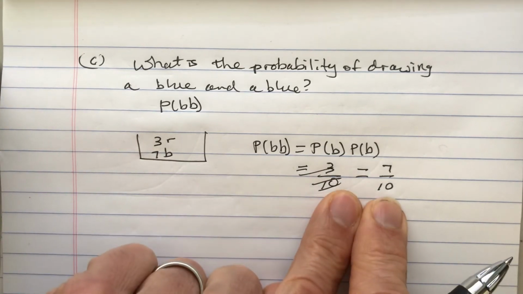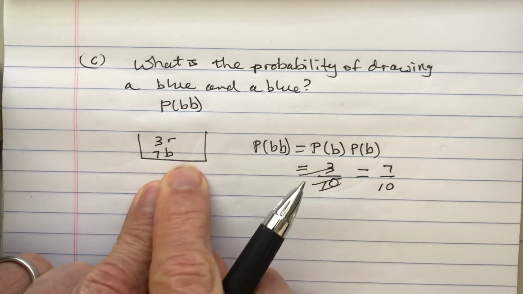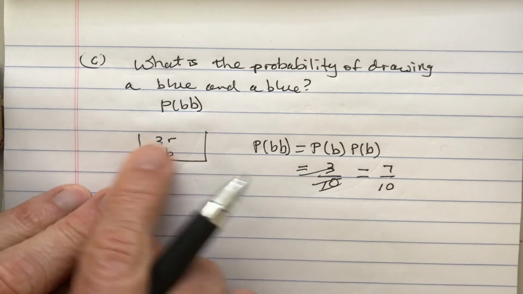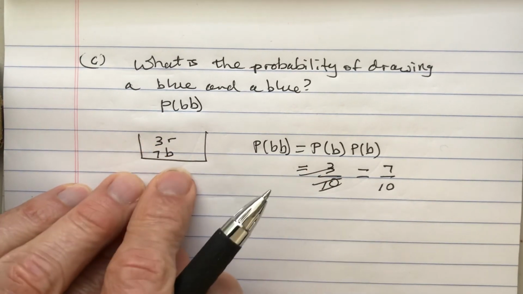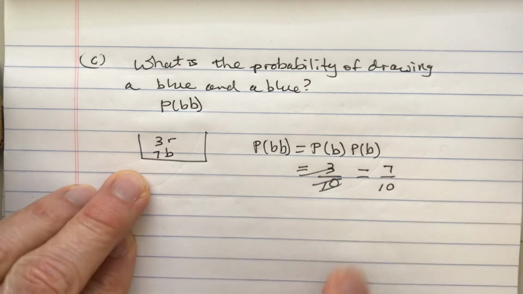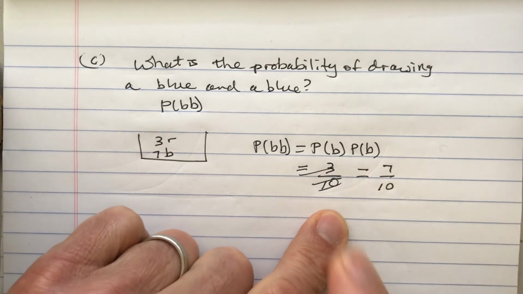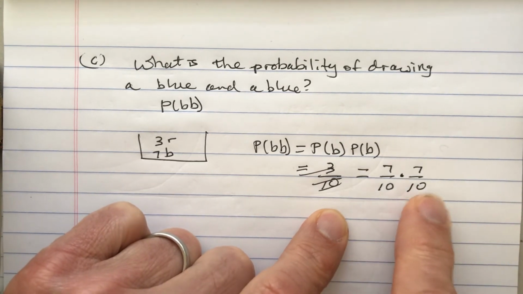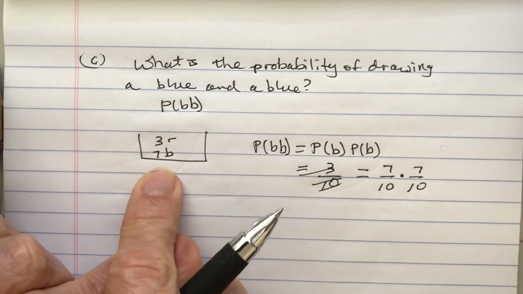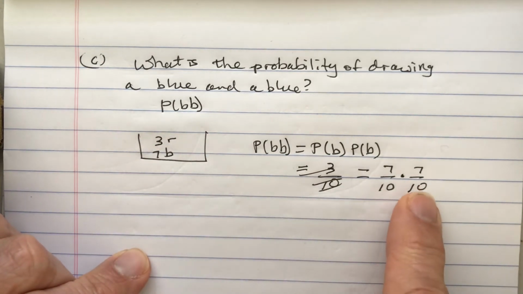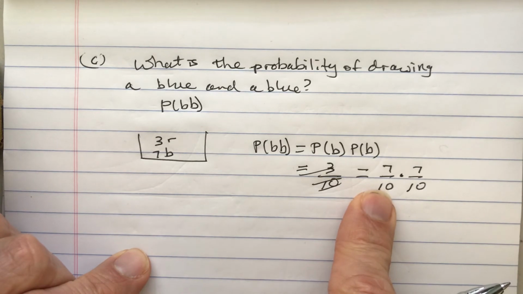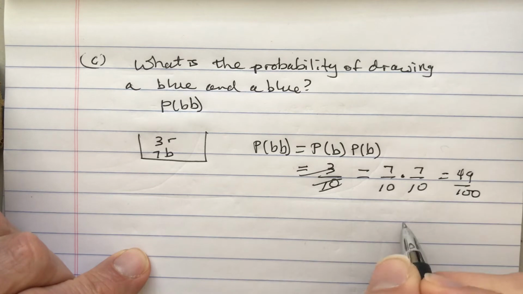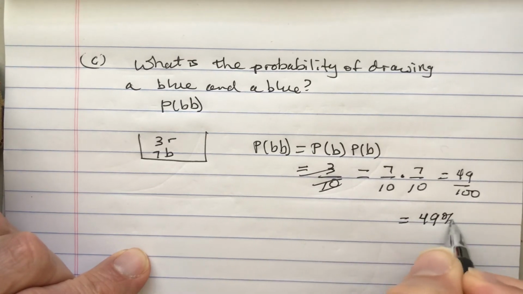And out of those 7/10 times, on the second drawing, you have 3 out of 10 that you're going to get a red, 7 out of 10 you get a blue in the long run. So 7/10 will get a blue the first drawing in the long run. Out of those, 7/10 of the 7/10 will get a blue. So that makes 49 out of 100, which makes 49%.